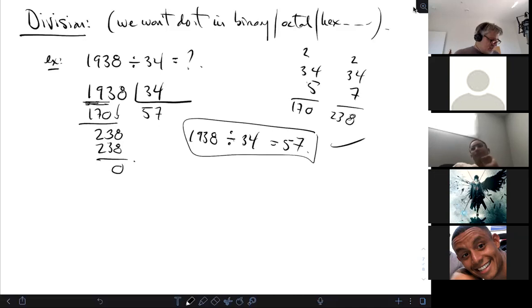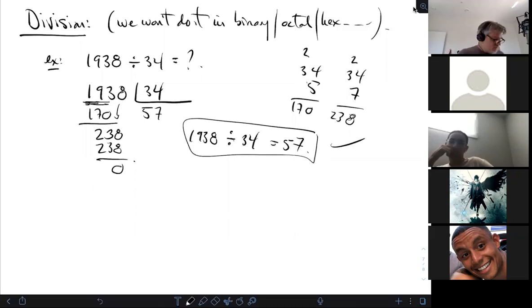Now I have to add something which you may not have done exactly this way before, but it's really easy. When we're going to do division, we won't need to go to fractions, right? So in this particular example, we were lucky because it turns out that 34 times 57 is 1938.